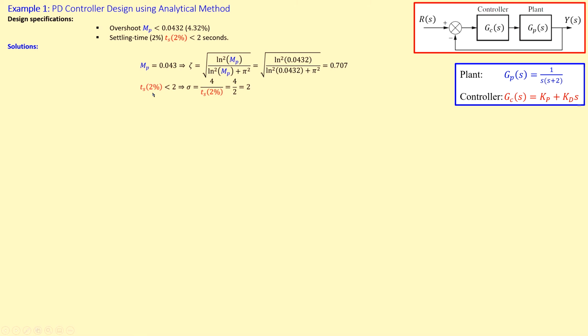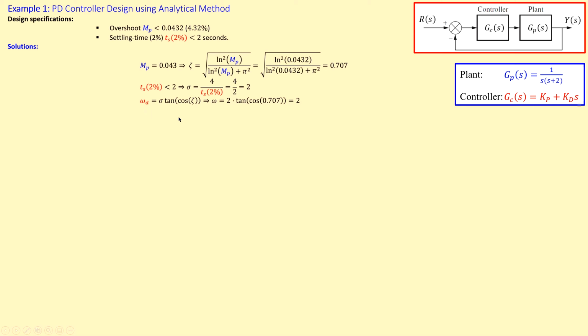Now if you also carry out the calculation for your settling time, it must be less than 2 seconds, so I will make it exactly 2 seconds in this analysis. What you have is TS, the settling time, equal to 4 over sigma, the absolute damping. So sigma is 4 over the settling time, 4 over 2, which is just 2 radians per second. This is interesting because that's also the real part of our S1, our design point.